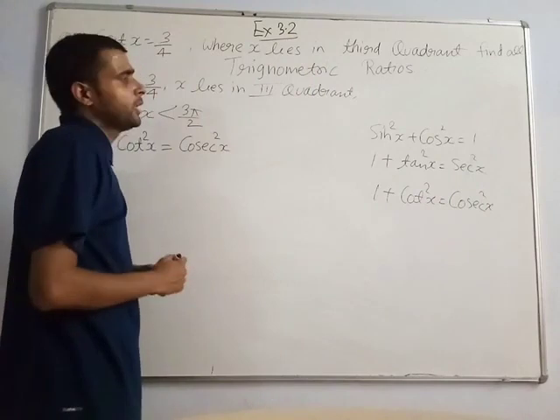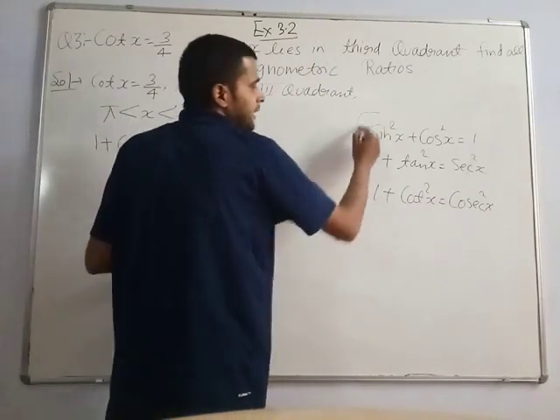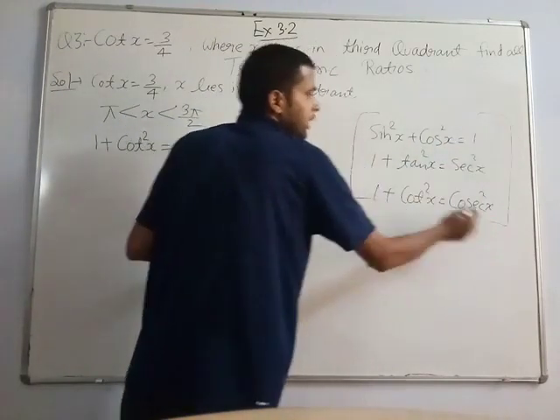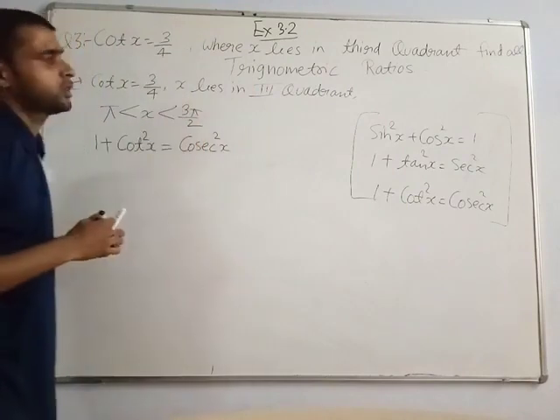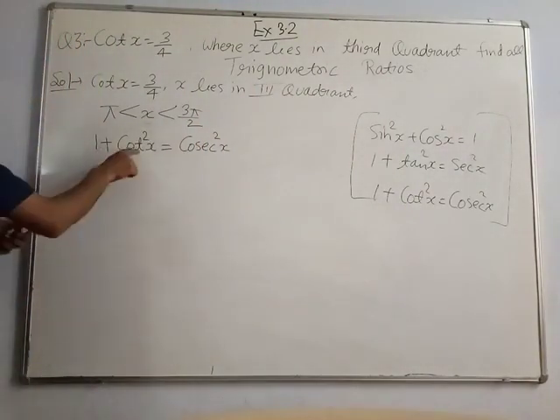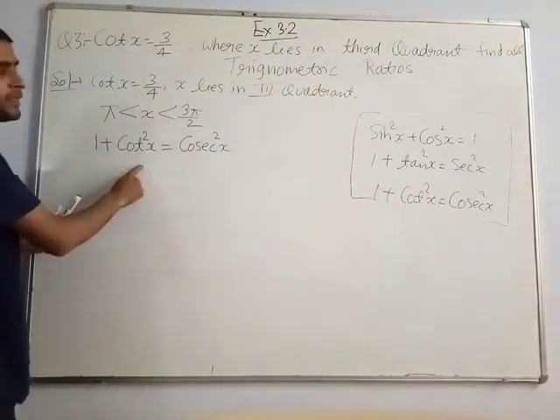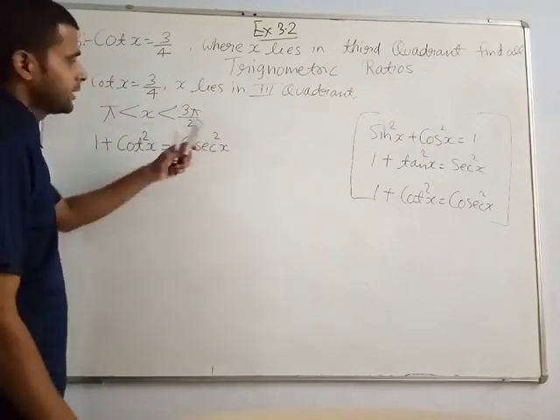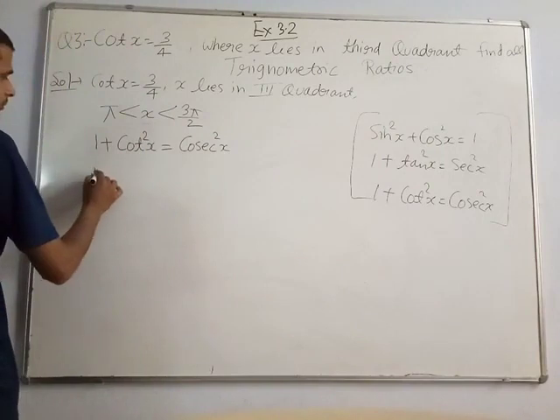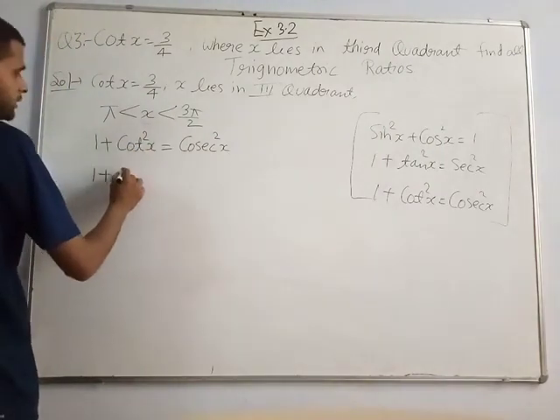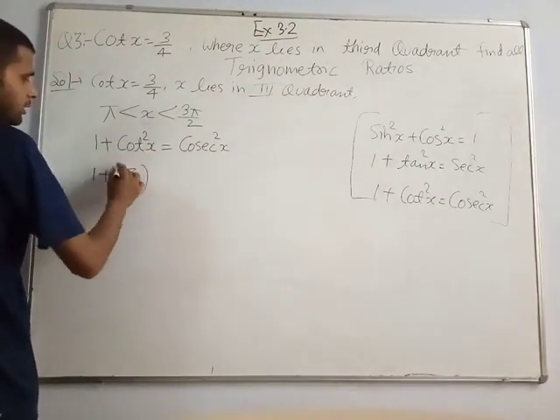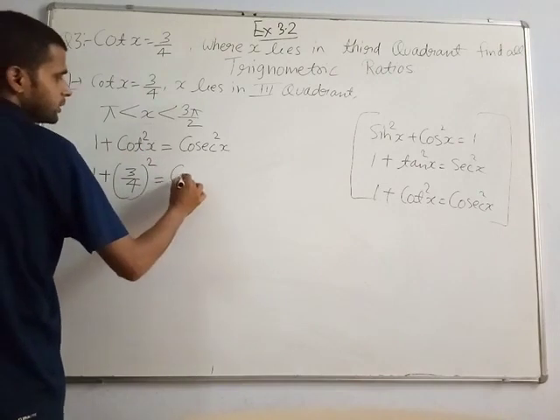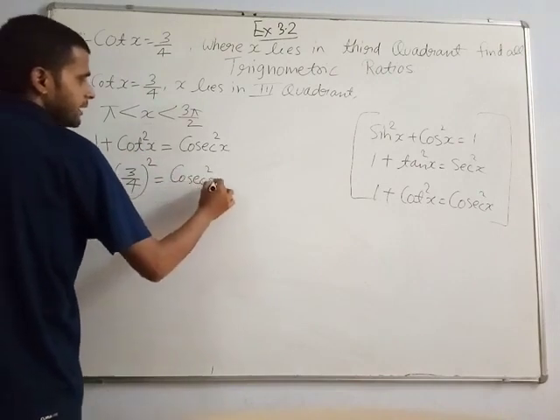These three formulas you have to learn, okay, and apply whichever formula is suitable in the question. Since the value of cot x is given, I find the cosec value. So 1 plus cot square x means 3 upon 4 square, equals cosec square x.